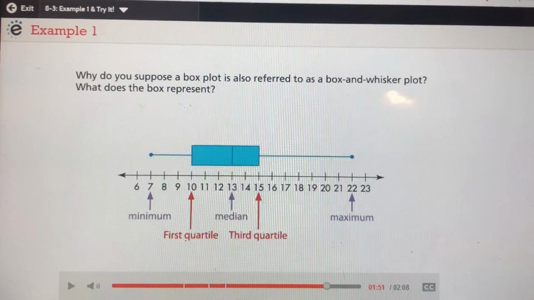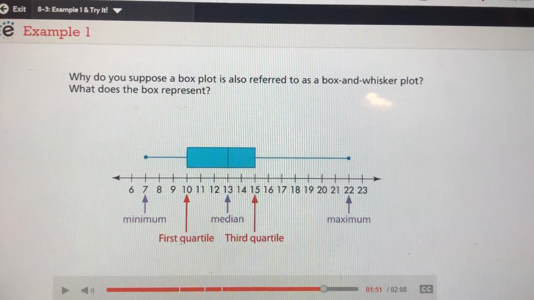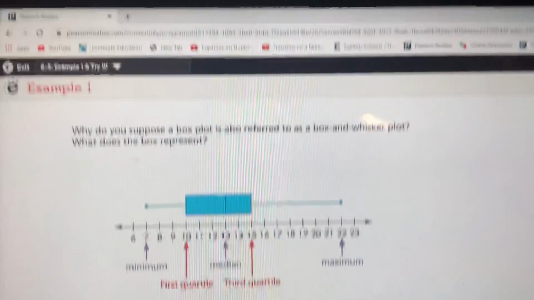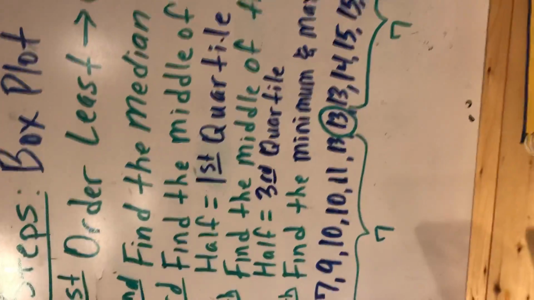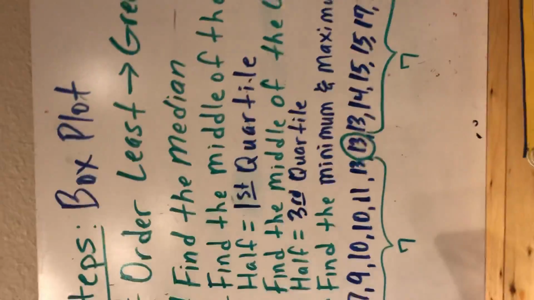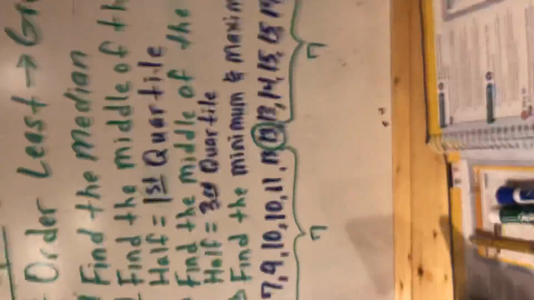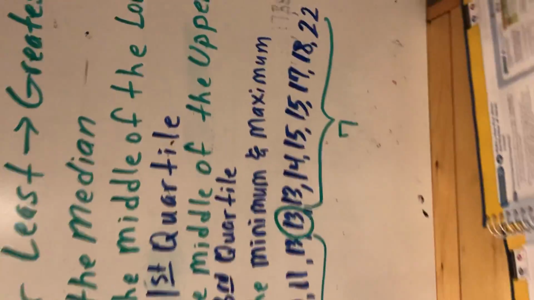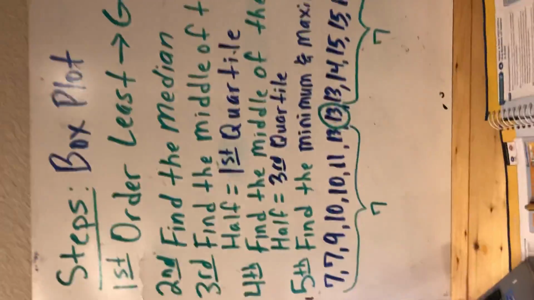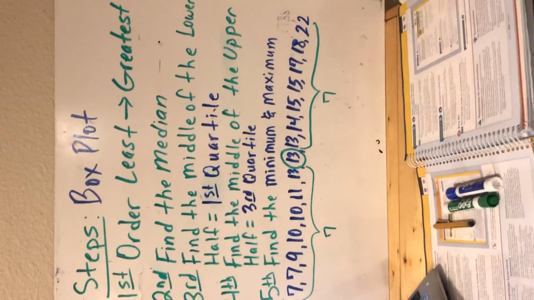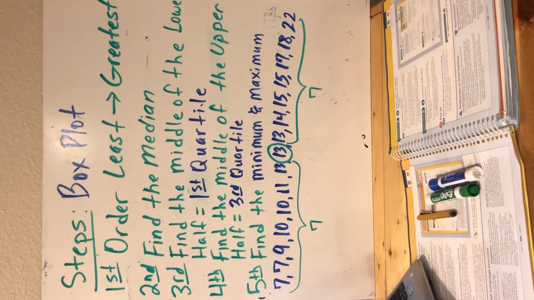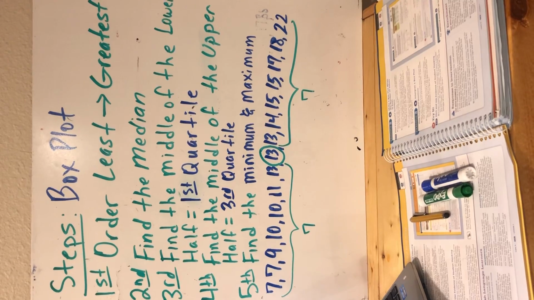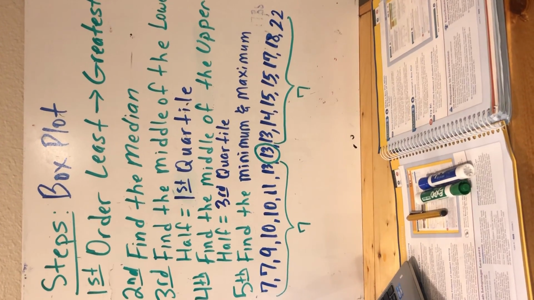Before I let you go, I'm gonna go over the steps for a box plot. First, you're gonna order your data set from least to greatest.